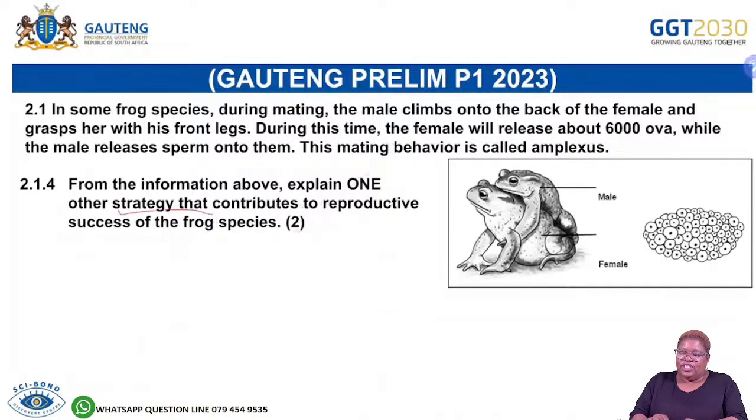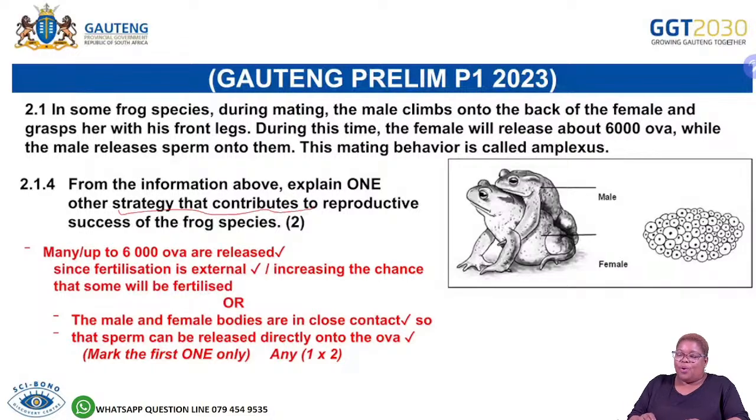Explain one other strategy that contributes to the reproductive success of the frog species. So according to the case study given, many ova are released, up to that 6,000, since fertilization is external, increasing the chance that some will be fertilized, some, because many are laid there. Or the male and female bodies are in close contact like this one, so the sperm can be released directly onto the ova.